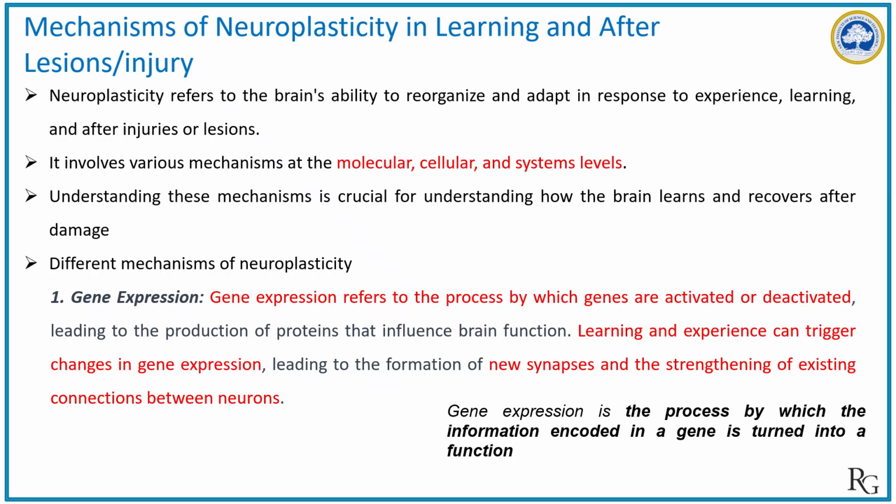For example, in motor skill learning, gene expression in the primary motor cortex is absolutely critical. If we pharmacologically block this expression, the ability to learn new movements may be completely stopped or drastically reduced.